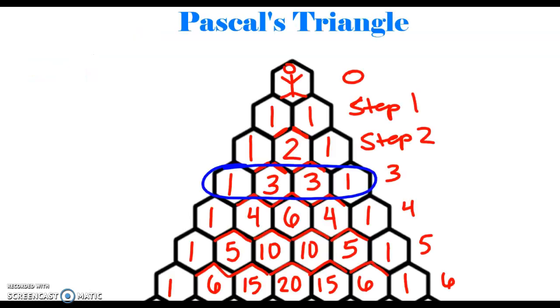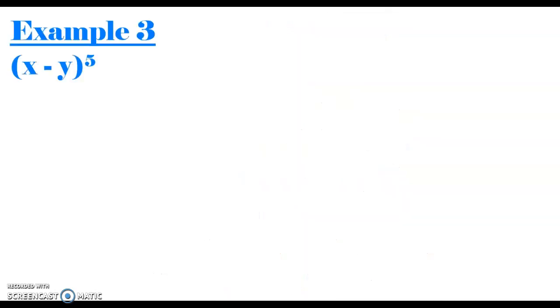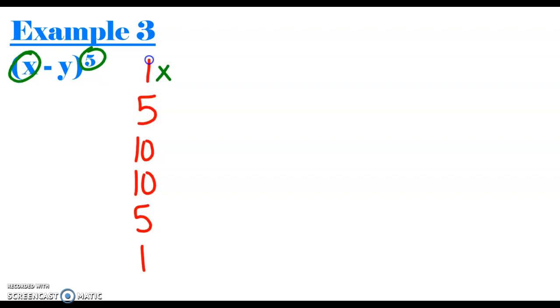Looking at step 5, I can see that the coefficients go 1, 5, 10, 10, 5, 1. Like I said, I'm going to go vertical. 1, 5, 10, 10, 5, 1. So then I start with the first term x to the power of 5. I'm going x to the 5, x to the 4, x to the 3, x to the 2, x to the 1, x to the none.